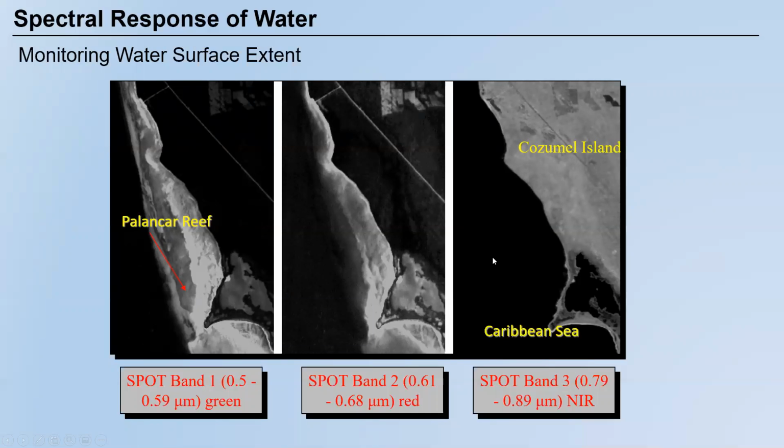And the dark area here is the Caribbean Sea. So the third figure here is SPOT band 3, which is near infrared. From this picture, you can see that the ocean is purely black. You can see nothing because the absorption here is simply too strong. And the middle picture here is for band 2, the red band. The absorption effect here for water is not as strong as in the near infrared band.